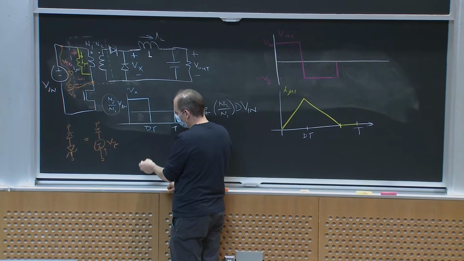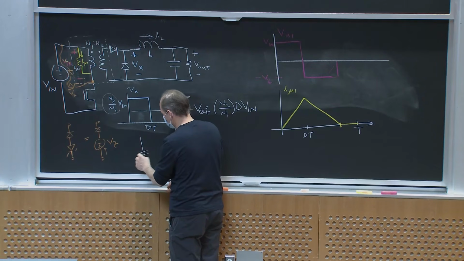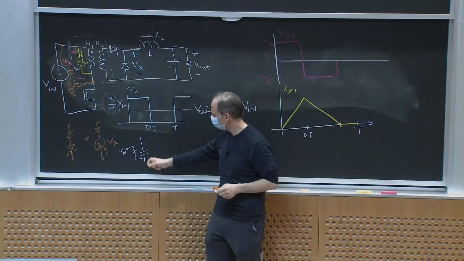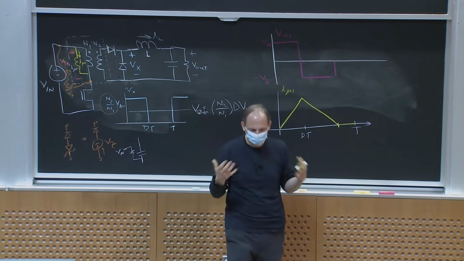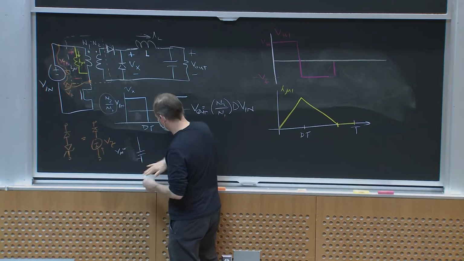So I could have replaced it with, for example, a capacitor, and then bled the capacitor to Vn, for example. Okay, so there's a lot of different circuits.